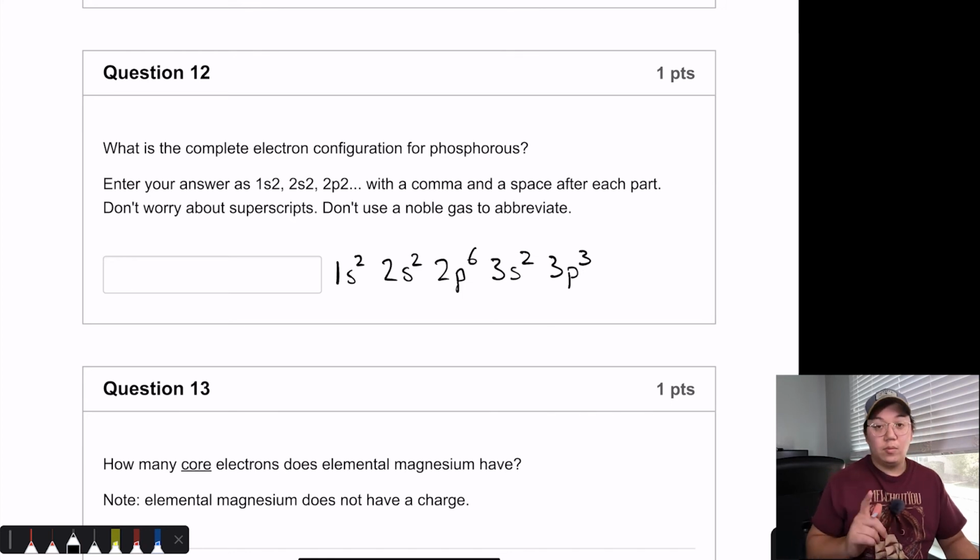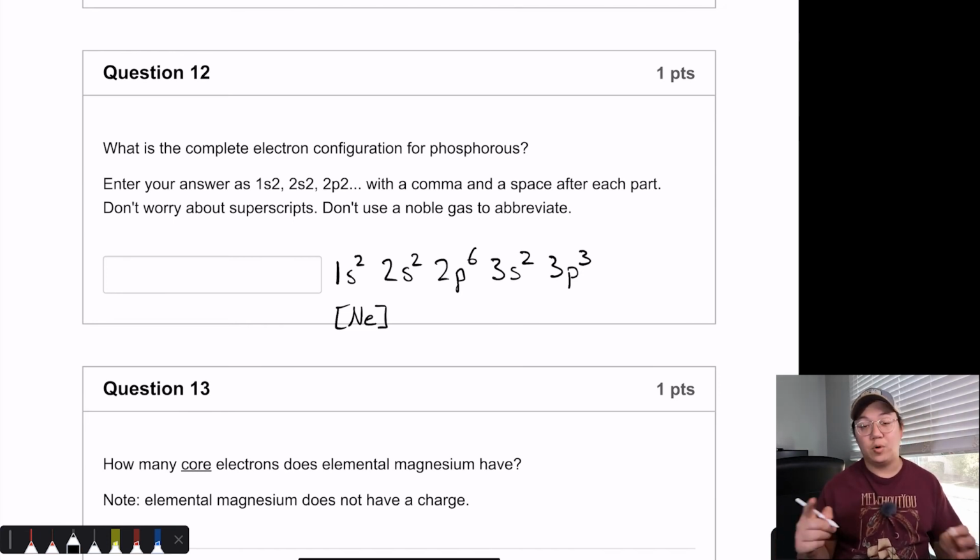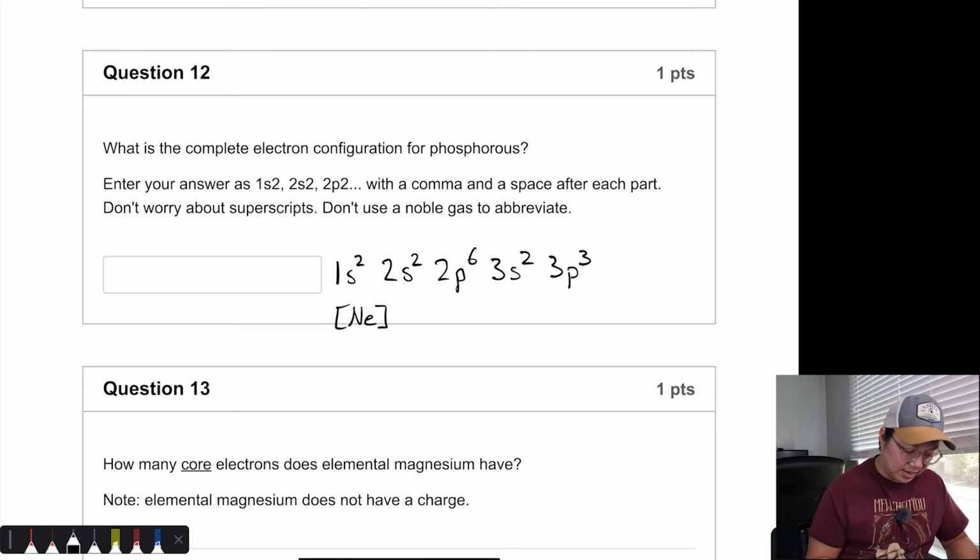Now if I allowed it, you could use a noble gas to abbreviate here. And you would start with neon, since that is the noble gas from the line above, I guess is the easiest way to say it. And so we'd start with neon, and then we would write 3s2, 3p3.